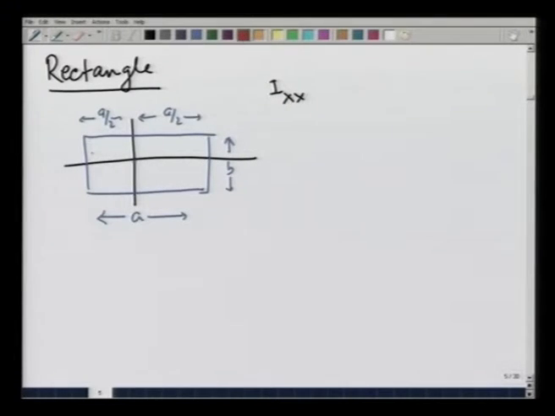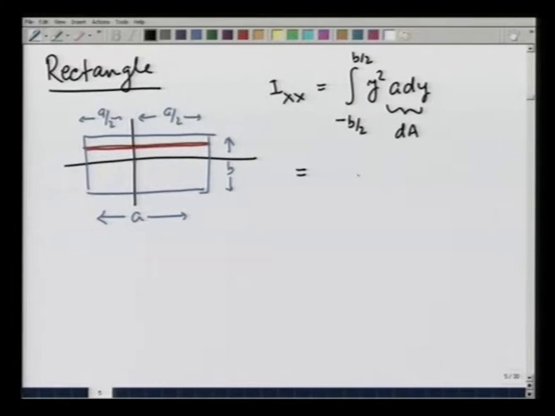For that, again I choose a strip here of width dy, because for this entire strip y square is the same, and calculate integral y square a dy, that small area dA, and y changes from minus b by 2 to b by 2, and this comes out to be a over 3 y cubed from minus b by 2 to b by 2, or a b cubed over 12.